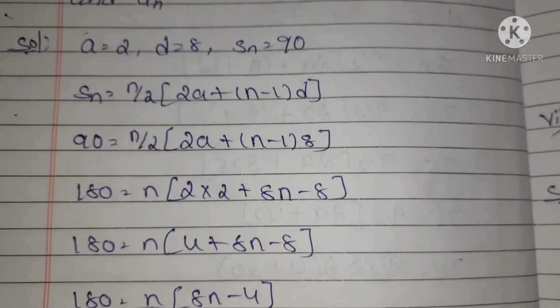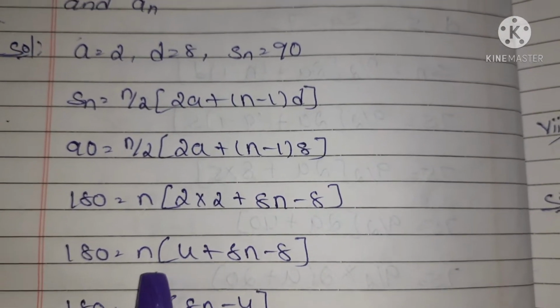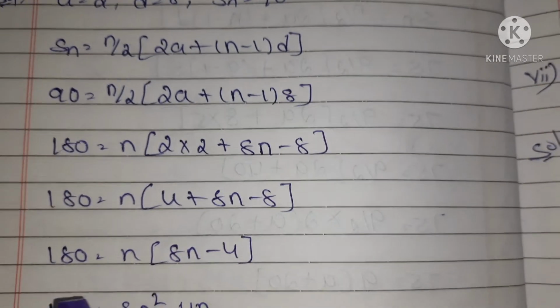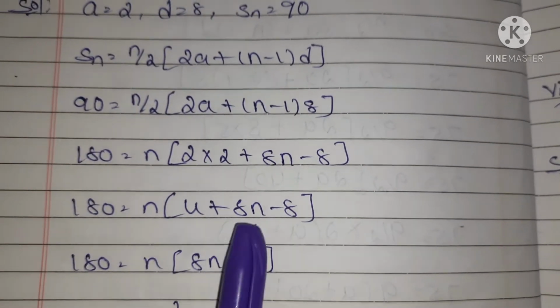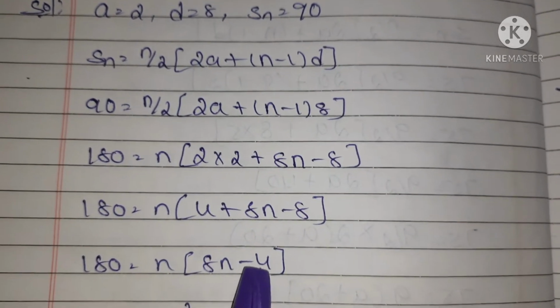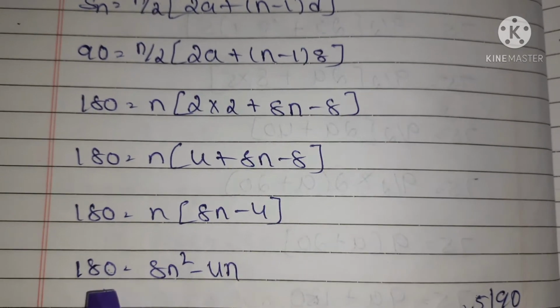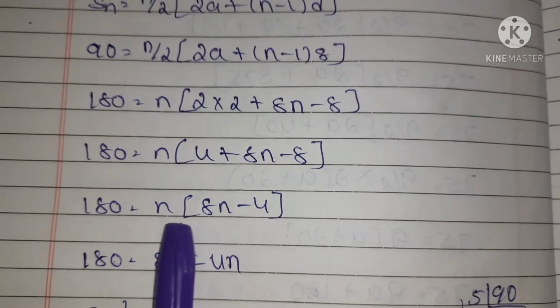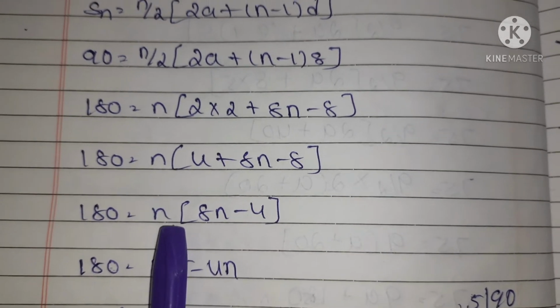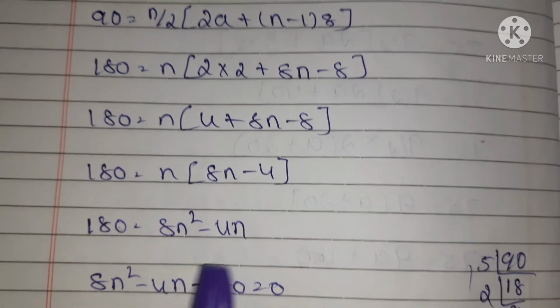Now 180 is equal to n into 2 twos are 4 plus 8n minus 8. 180 is equal to n into 8n minus 8 plus 4 is minus 4. Now 180 is equal to n into 8n is 8n square, minus n into 4 is 4n.